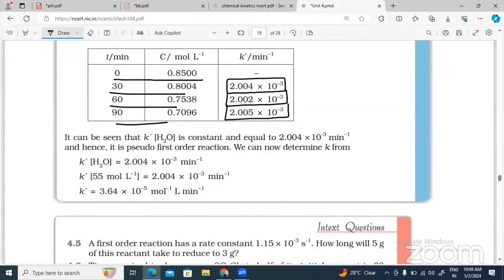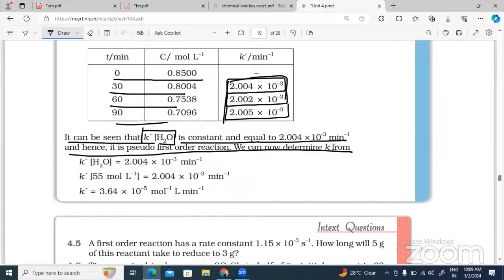So what is the conclusion? It can be seen that K[H2O] is constant and equal to this value, and hence, due to the first order reaction, we can now determine K. So that is what we are going to find. The K is constant, meaning it is not depending on the water molecule. It is depending on the concentration of only one reactant.